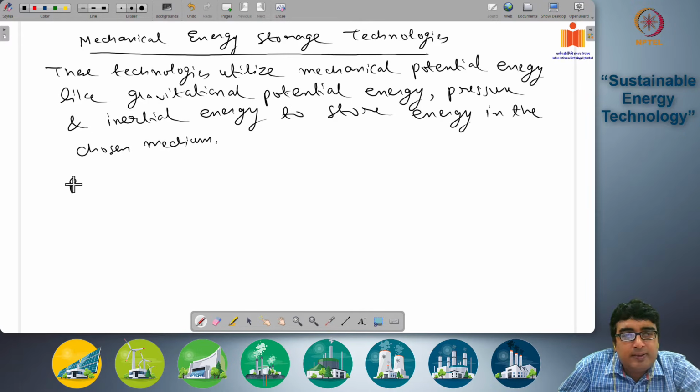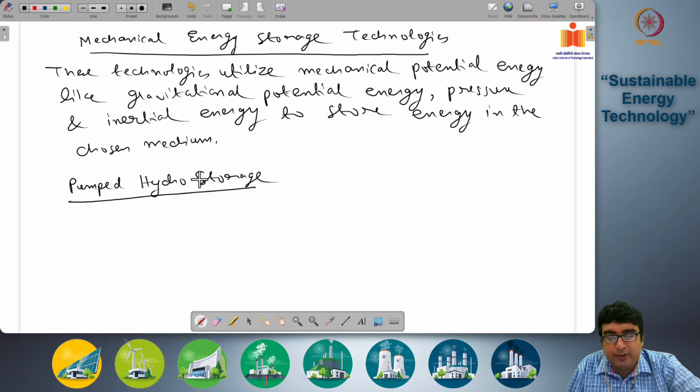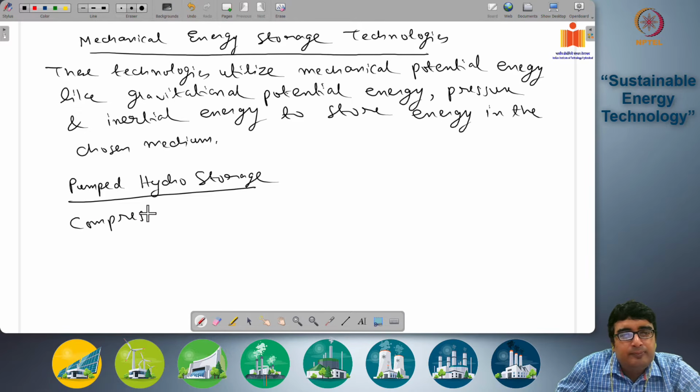The first is pumped hydro storage. Okay, we discussed a little bit of this during the hydel power plant discussions as well. We will go over it once more as it is a very popular class of energy storage technology. The second type is compressed air storage.